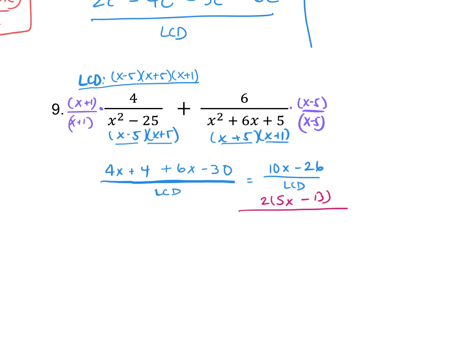And now I have to write my LCD, which is all of those. X minus 5, x plus 5, x plus 1. And the reason, again, why I want you to state your LCD is because when you are working with this and you're writing LCD here, if I know up here what you've chosen it to be, then I'm able to see exactly what you're doing in your work, okay?